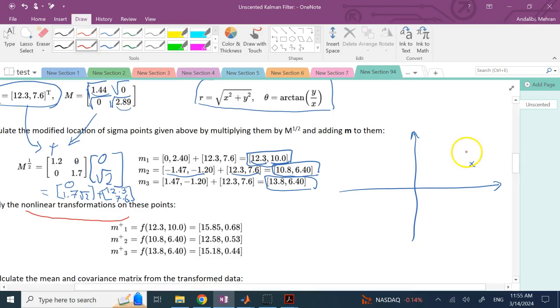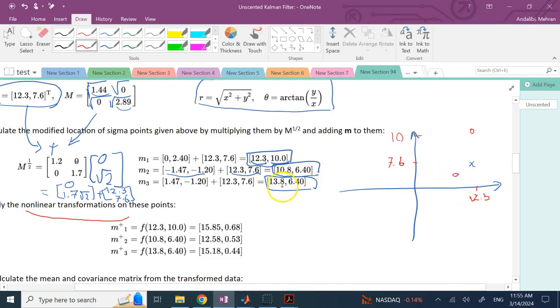These points, if I plot them for you, so let's say this is 12.3 and 7.6. If you look at these points, the first one is 12.3 and 10, so it comes right here. The next one is 10.8 and 6.4, so it comes right here.